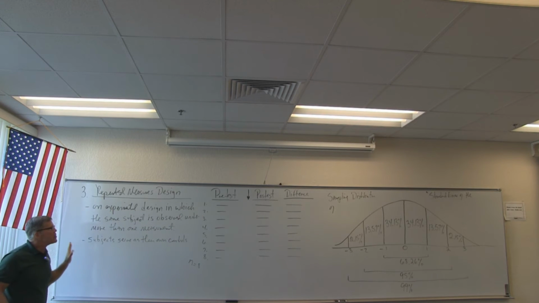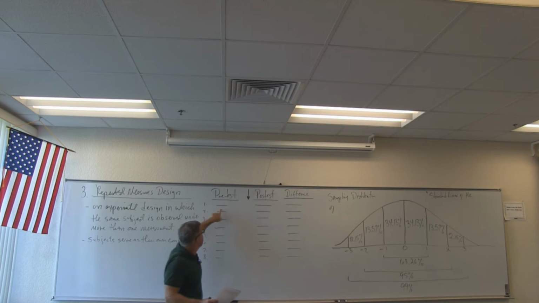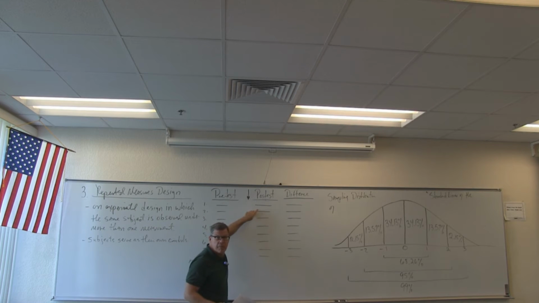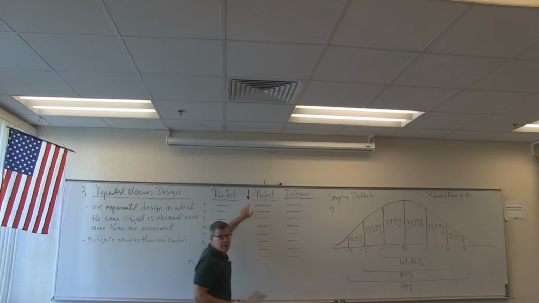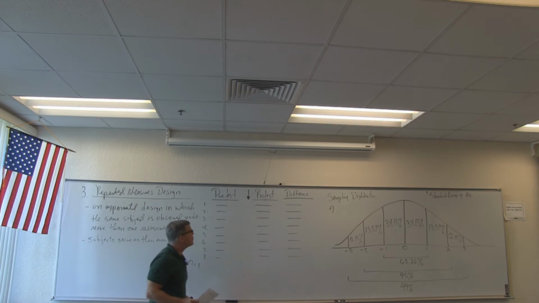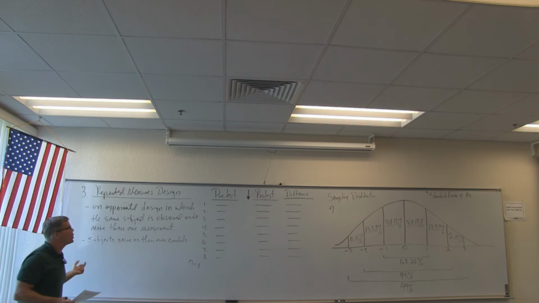This concept is very similar. The same subject measured on the pretest is also measured on the post-test. So any difference that we might obtain, we can attribute to the introduction of the experimental treatment.